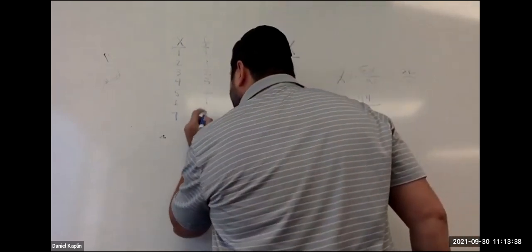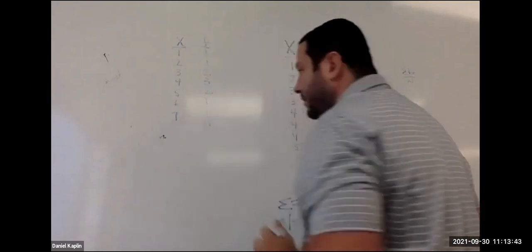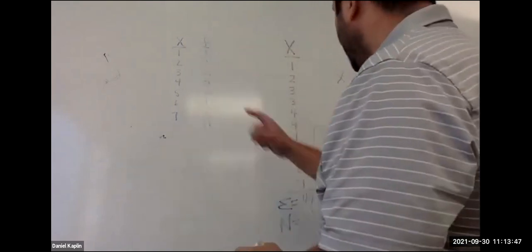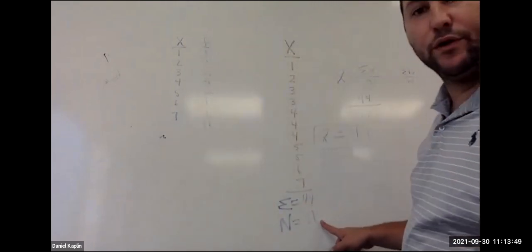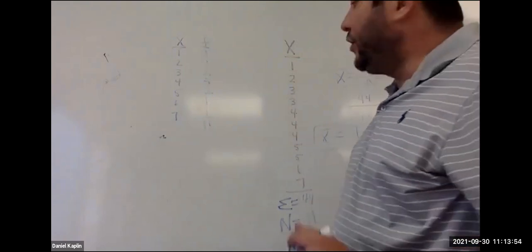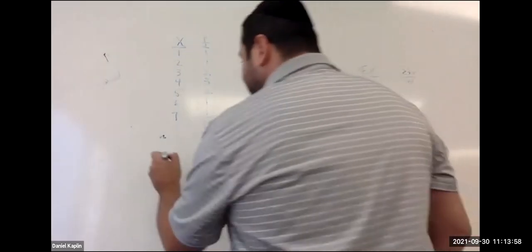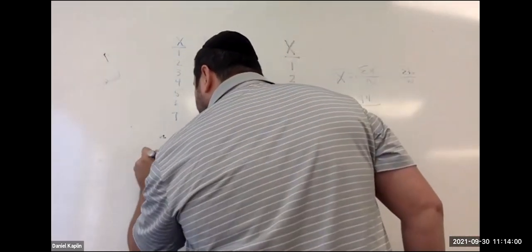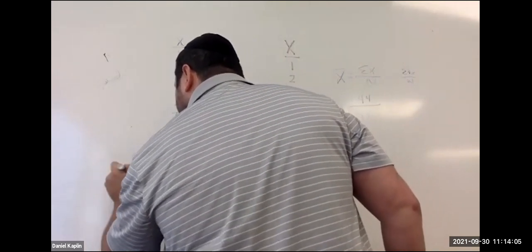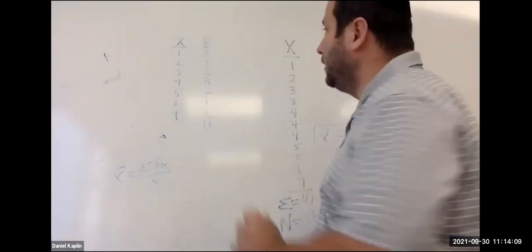Great. So now I know that the numbers I put up here in the F column are the same as the original distribution. Now, the other formula for mean is the sum of fx over n. So that's your mean. So I need to do an fx column.